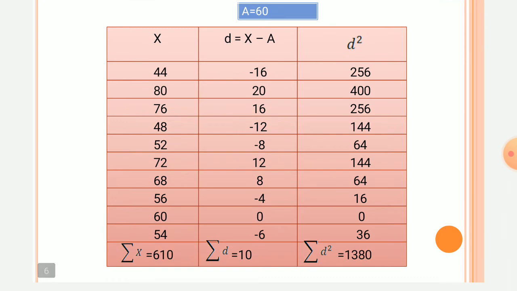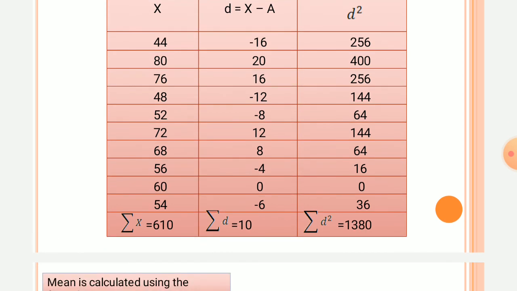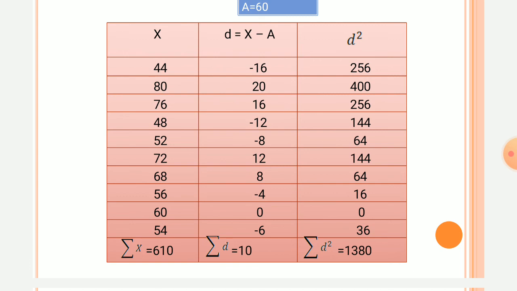Here minus 16 into minus 16 is 256, 20 into 20 is 400, 16 into 16 is 256, minus 12 into minus 12 is 144, minus 8 into minus 8 is 64. Likewise we have to make the squares till the end of the d, and then make the sum of d square and d.